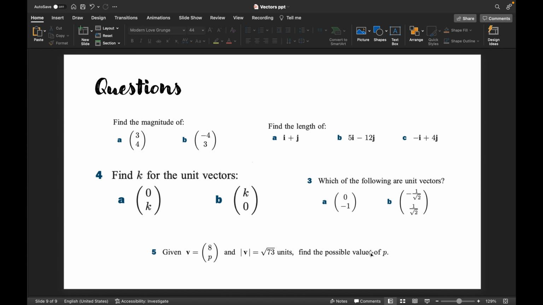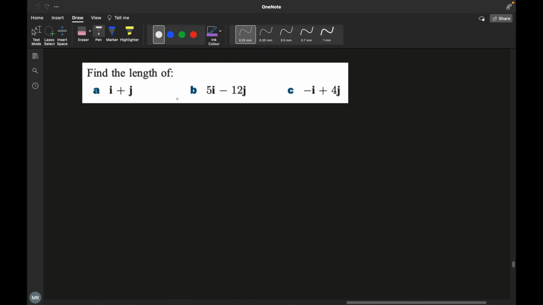And if we've understood that, let's solve the questions. We have to find the length of this. So it's the square root of 1 squared plus 1 squared. We have square root of 1 plus 1, which is square root of 2. This would be square root of 5 squared plus -12 squared.